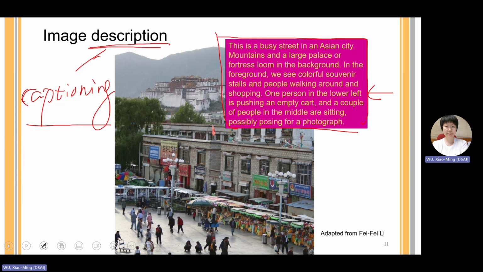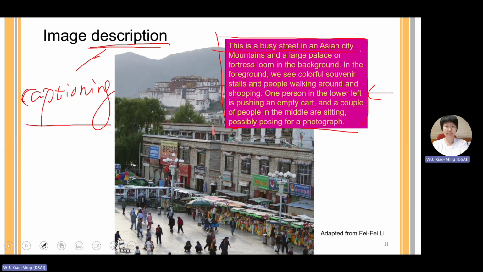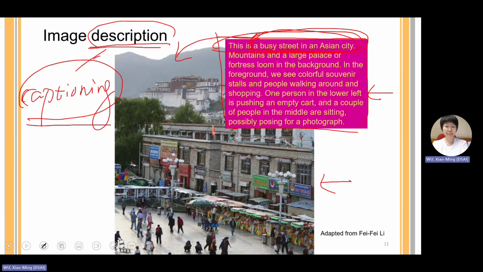But if you only extract, for example, the first sentence, "a busy street in an Asian city", if you only use a few words like this, it's called captioning. So captioning means giving a brief description about the image content, while image description involves a much more detailed description of the image content.